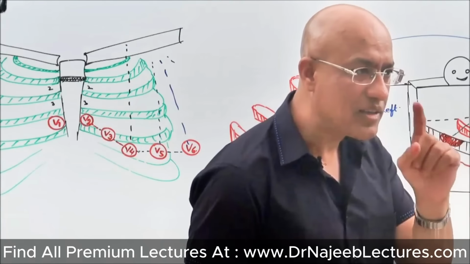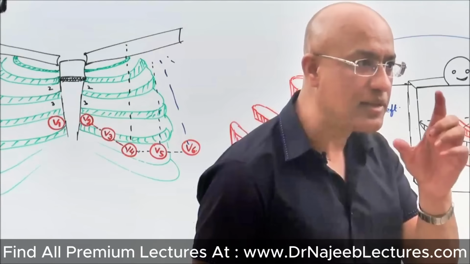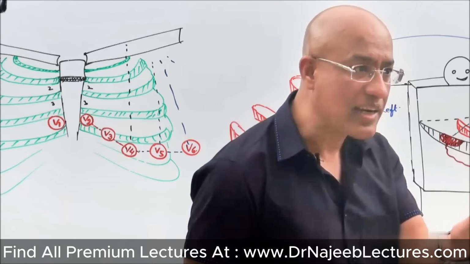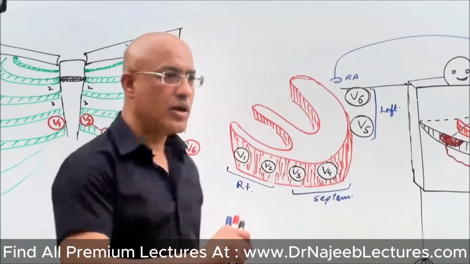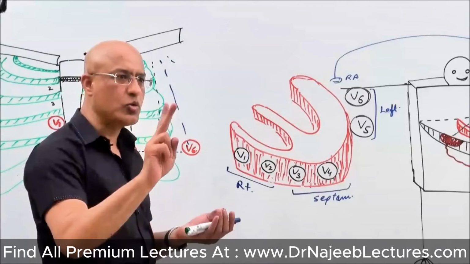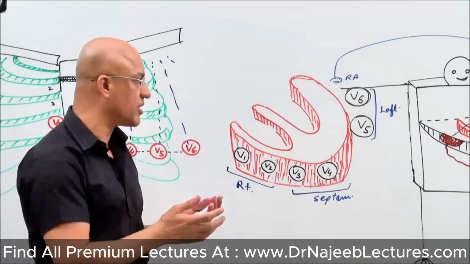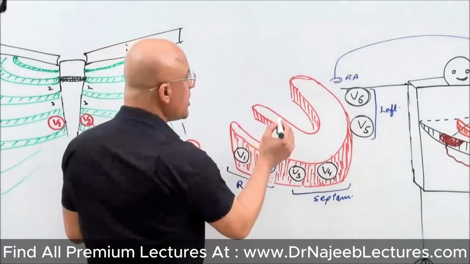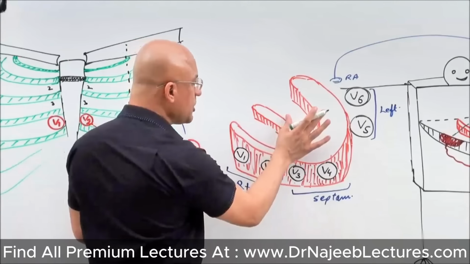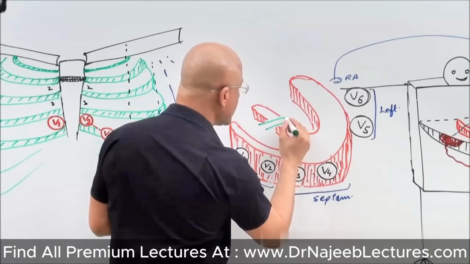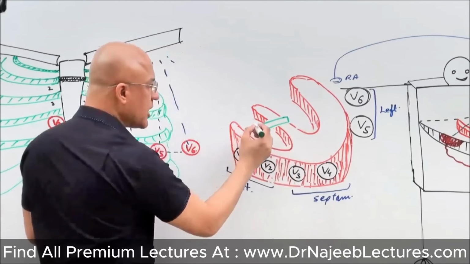Leads primarily function to determine the electrical activity of the heart. Now, during ventricular depolarization, I will just make two vectors of the ventricular depolarization. During ventricular depolarization, the ventricular septum is depolarized from left to the right.